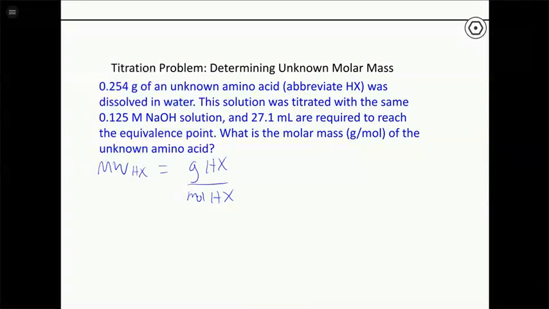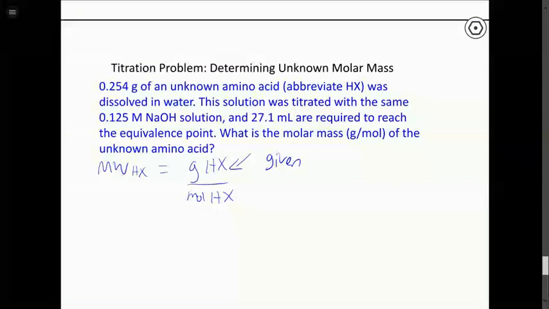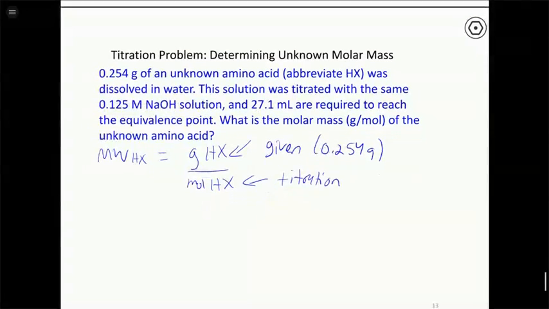If we look at the information in the problem, we know that we're starting with 0.254 grams of our unknown, so that's given to us. And so now we just need to calculate the moles of HX using the titration information. All right?